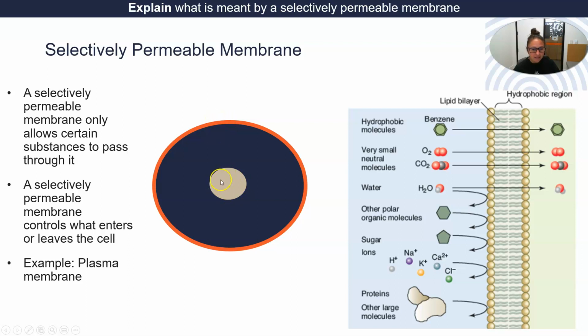Remember that the cell has a nucleus and has something called the cytoplasm, which is everything between this and this. And we looked at all the different organelles last time. So let's just focus on this orange barrier here.